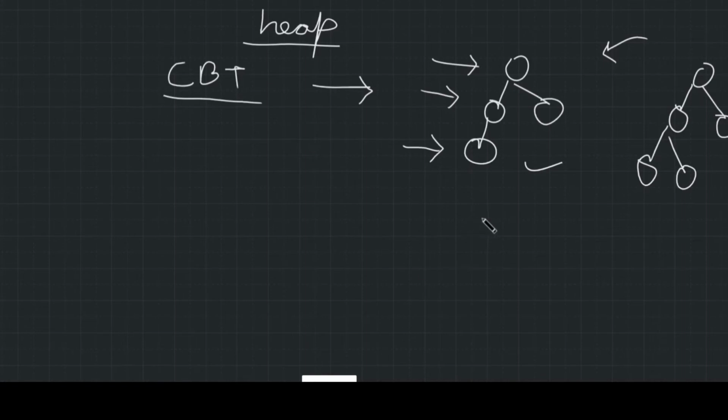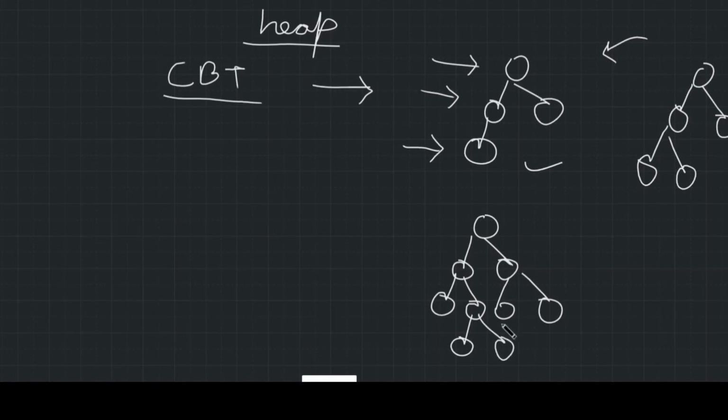Now the next example: suppose I create a binary tree, and we need to check whether this is complete or not. Level 0 is filled completely, level 1 is also filled completely, level 2 is also filled, but level 3 is not filled completely.